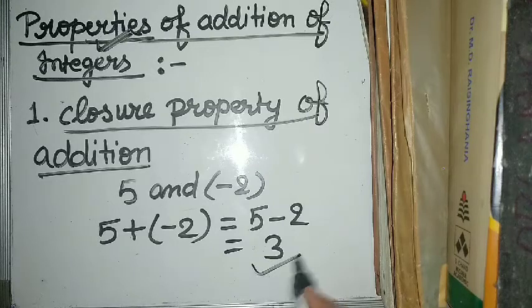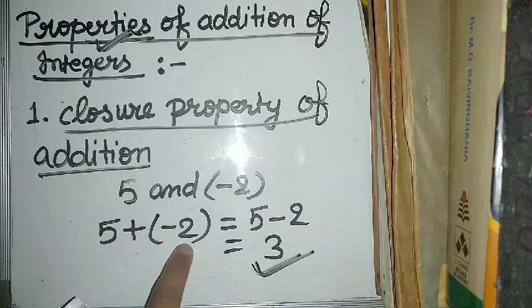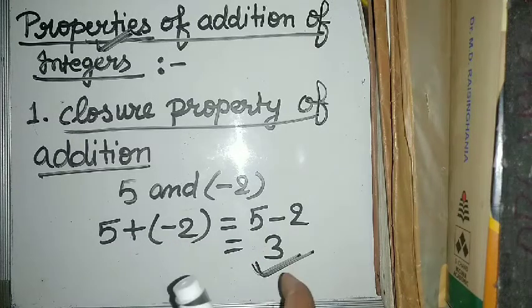So this 3 is also an integer. When we add two integers, the value we get after adding is also an integer. I hope all of you understood closure property.